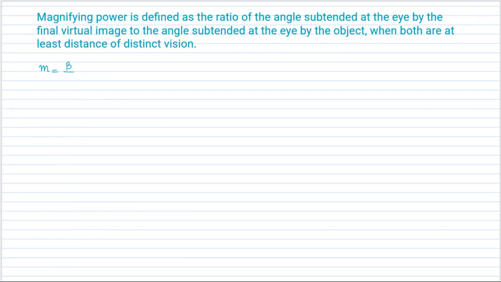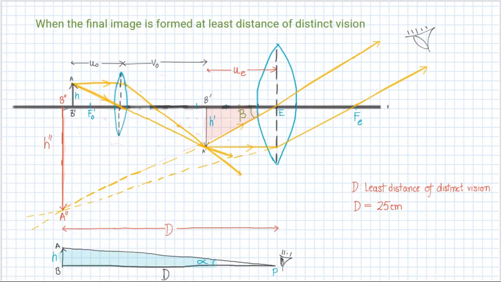So beta upon alpha. The condition is that I can use this formula only when your object and your image are both at the least distance of distinct vision. Here my image is formed at the least distance of distinct vision, and in another diagram I have placed my object at the least distance of distinct vision from your normal human eye.